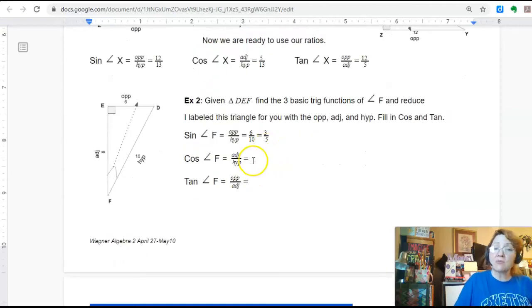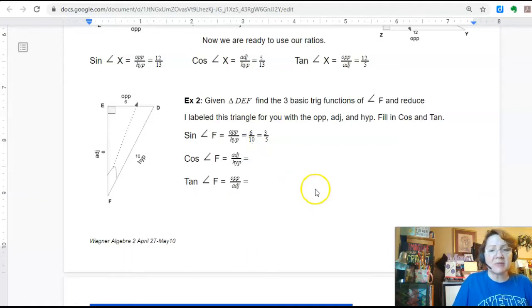So if I do my example 2, I already have the sine. The sine is 6 over 10 because it's opposite over hypotenuse. I can reduce that to 3 over 5. The cosine of F, this is my F right here, is my adjacent, which would be 8, over 10, and then I'd have to reduce it.